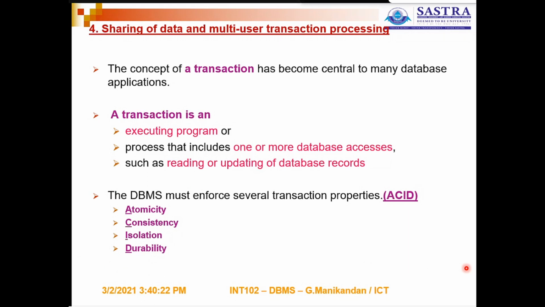If you want to modify them again, you have to execute a suitable transaction. You cannot simply perform an undo operation. That is the brief information about these four properties, namely atomicity, consistency, isolation, and durability.